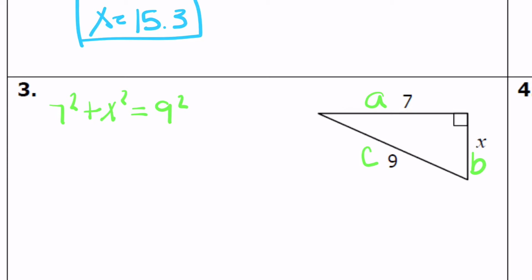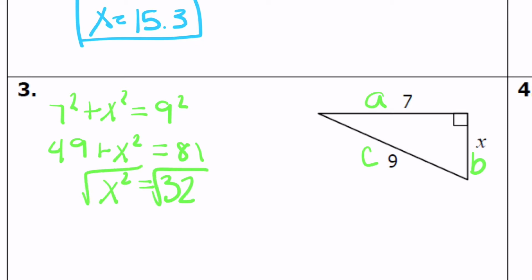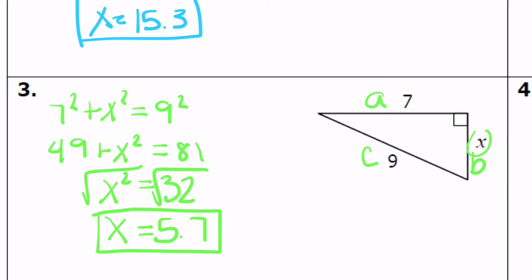So 49 plus x squared equals 81. Then x squared equals 32. Then I take the square root of both, and I end up with x equals 5.7. Again, remember, we're rounding to the nearest tenth. So this leg, B, is 5.7.